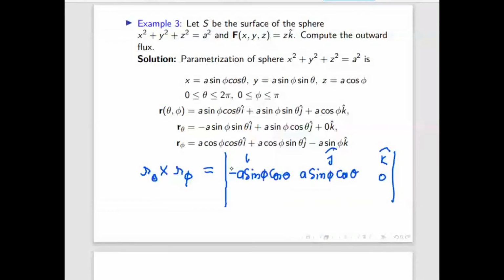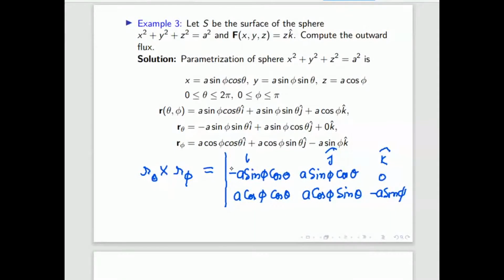Then for r phi, it is a cos phi cos theta, a cos phi sin theta, minus a sin phi. So this determinant will give the cross product. What will come as the i component?